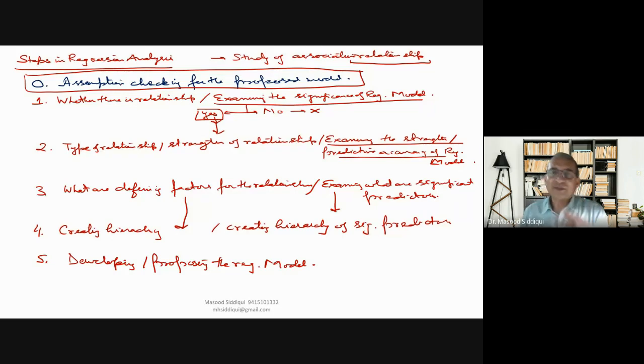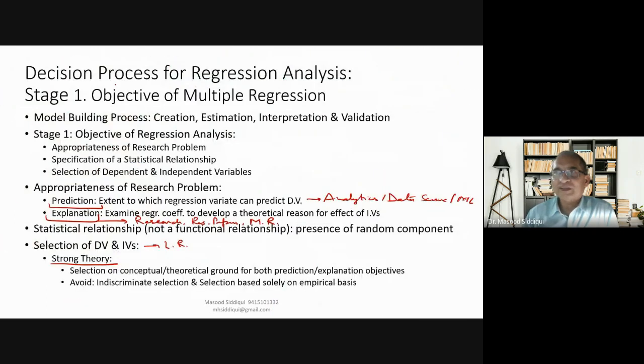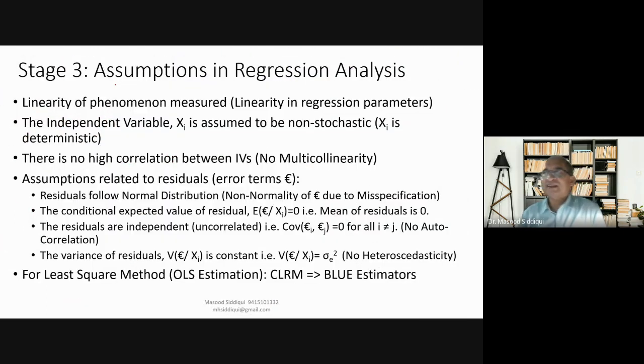Now, why is assumption checking important? Because we are using a particular type of regression that is known as ordinary least squares estimation, right? So for that purpose, I am showing you this very important slide that we ignored. This is the assumption checking. Number one is linearity.